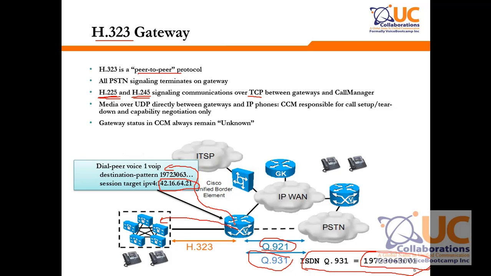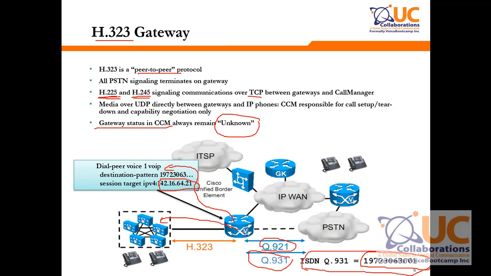It simply adds it and then sends a ping signal to see if it can communicate. So the gateway status in call manager will always remain unknown. So there are two key things you have to keep in mind. A, the call manager does not exchange data with the gateway or control the gateway. So the gateway registration remains unknown. Don't go and start troubleshooting that.